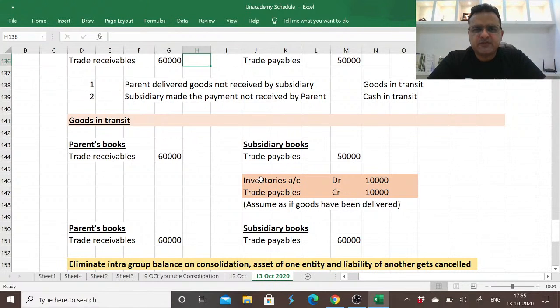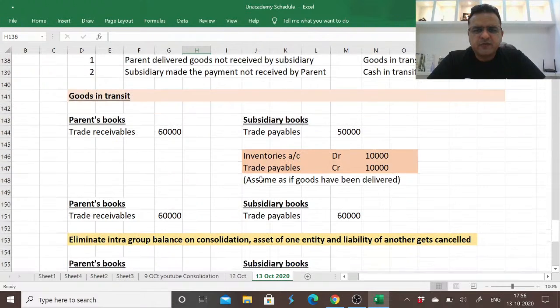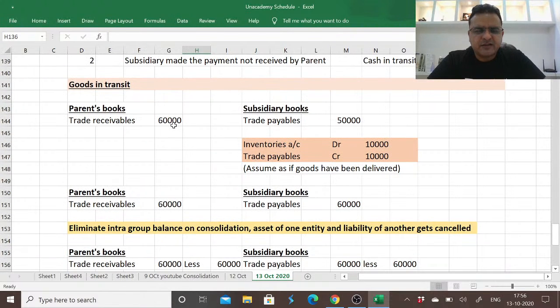Depending on the information provided, we treat goods in transit and cash in transit as if they have occurred. If goods have been received by the subsidiary, we debit inventory and credit payables.